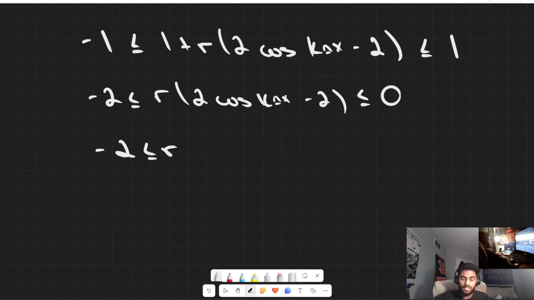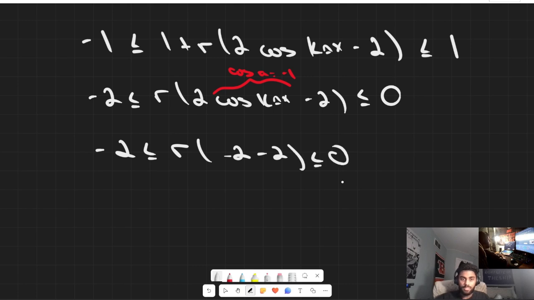If we set this to pi, cosine equals minus 1. Let's just keep it like this. r times (2 times minus 1 minus 2), if we do a cosine pi, minus 1.